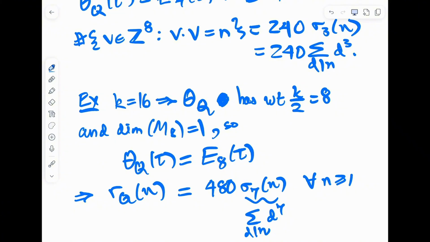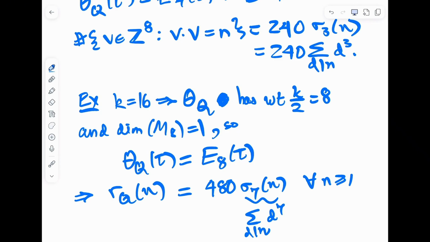And this is a reason why: the space of modular forms is just so small that even if you have 2 different constructions of quadratic forms in dimension 16 that are integral valued, their theta series are forced to live in this one-dimensional space, and since their constant terms agree, all the coefficients agree in all powers, and so the representation numbers must be the same, and in fact must be given by this formula for all n.